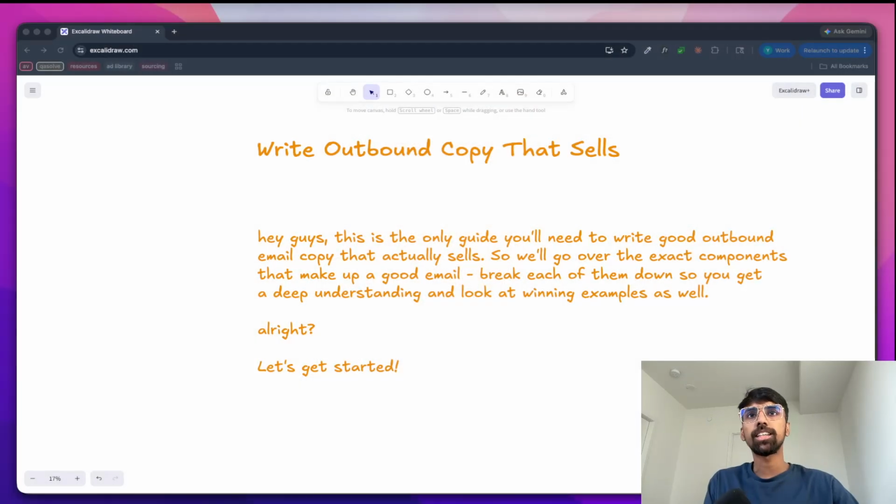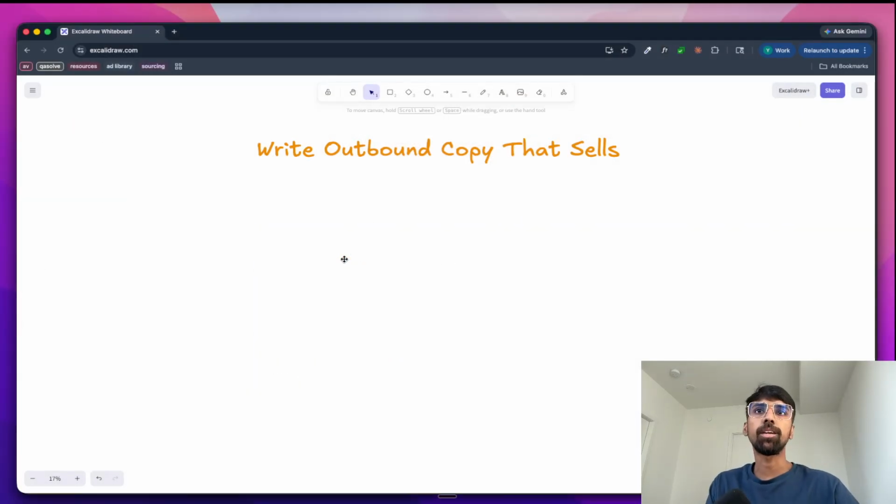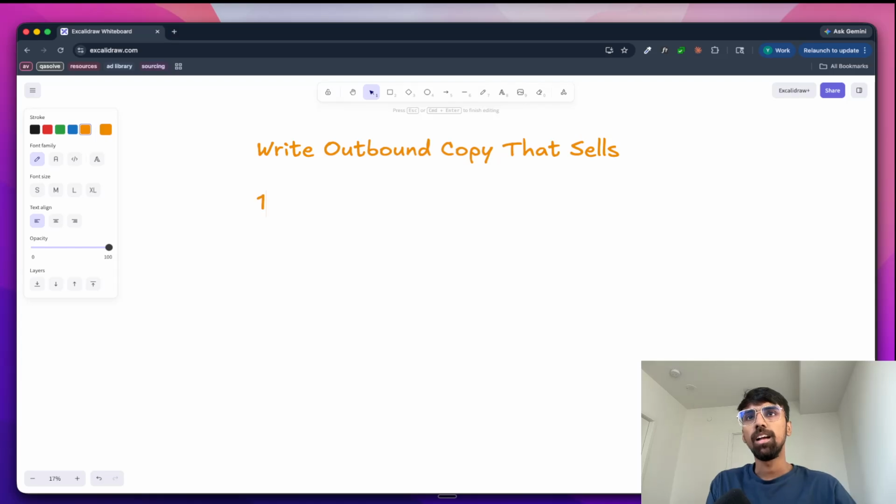So the first thing that we'll need to do is essentially break up the email into several different components. The first component is relevance. So why are you reaching out, right? We'll go over each of them in detail after this, but the first thing is relevance. The second part is offer.